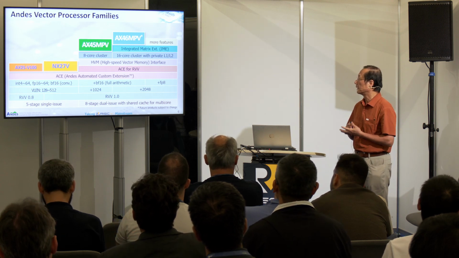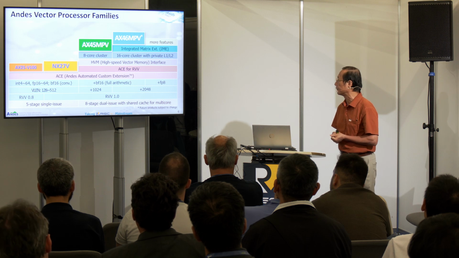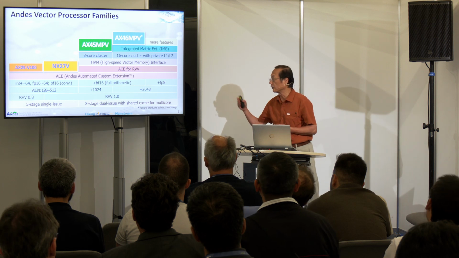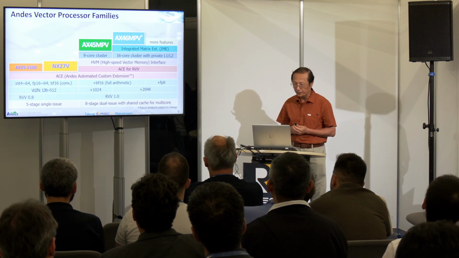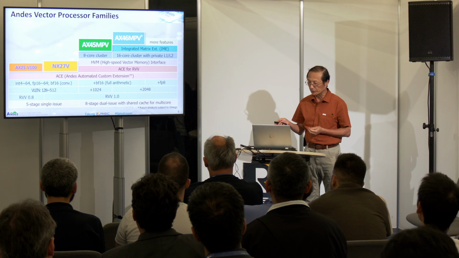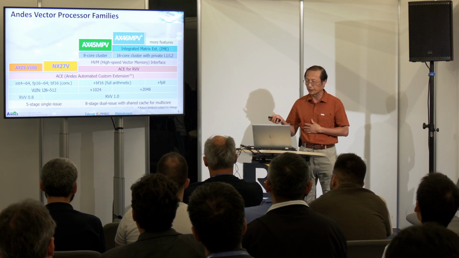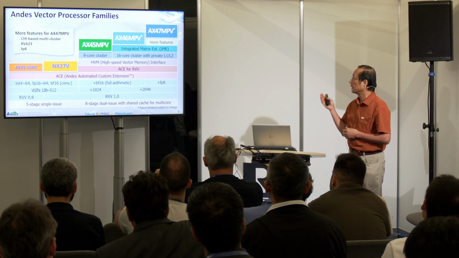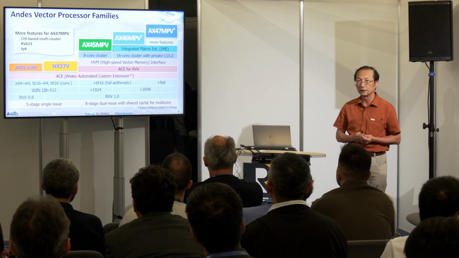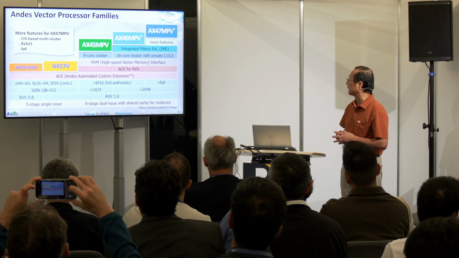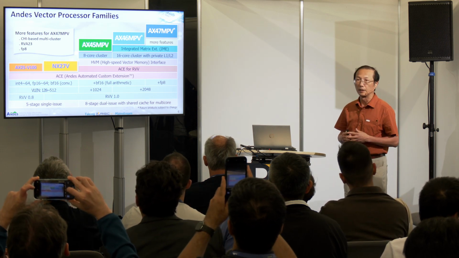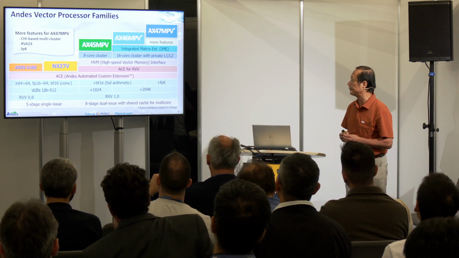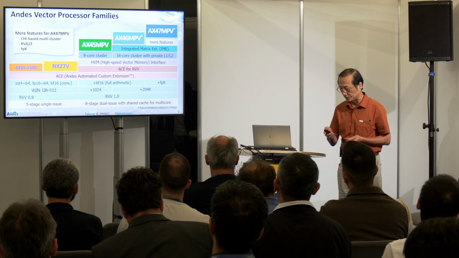Also, other HVM interface and ACE for RVV will be added. The VLEN will be increased to 2K, and the pipeline will be kept at 8 stages. And then in the first half of next year, there will be an AX47MP with more features for RVA23, FP8, CHI-based multi-cluster, and so on.